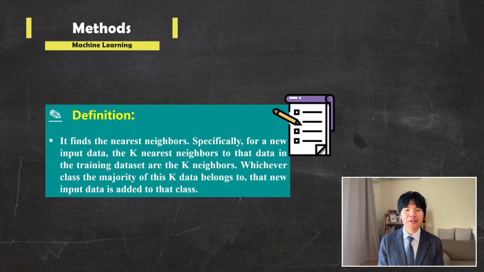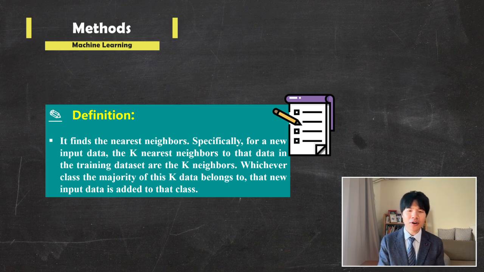From the image, we can see that the 3 closest points to the green circle are 2 red triangles and 1 blue square. Since the red triangles are in the majority, we can infer that the green circle is more likely to belong to the red triangle category. So, this new data is classified into the red triangle category.